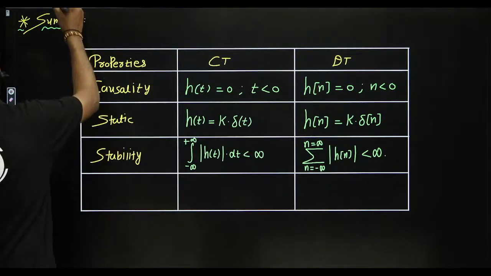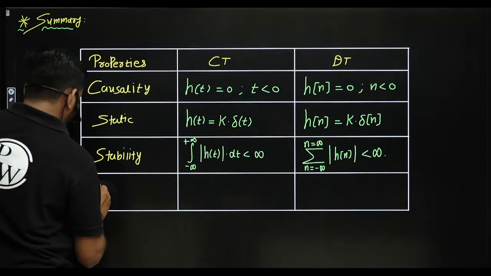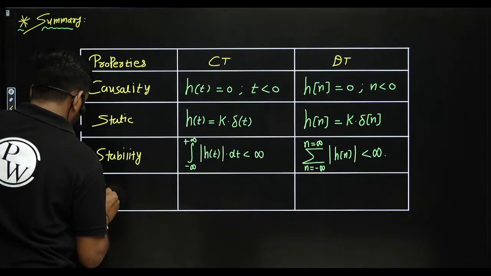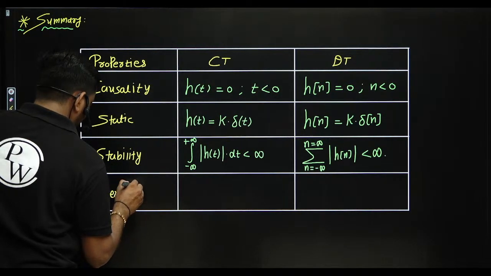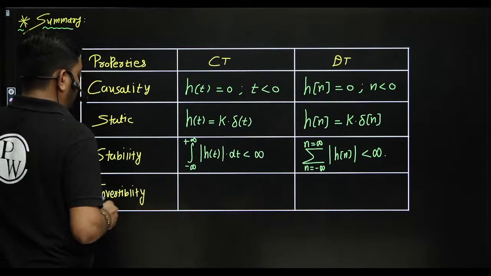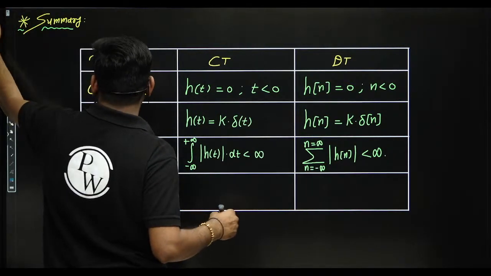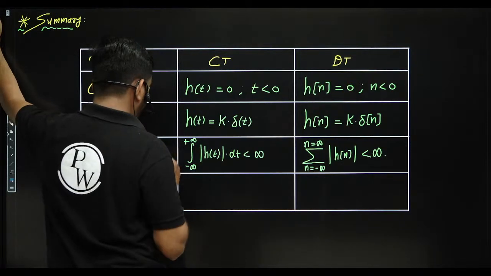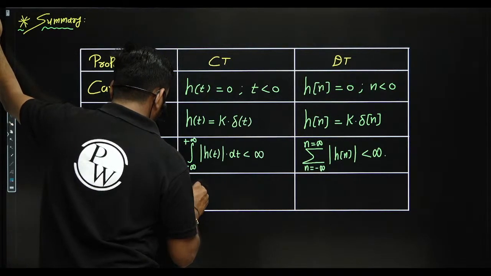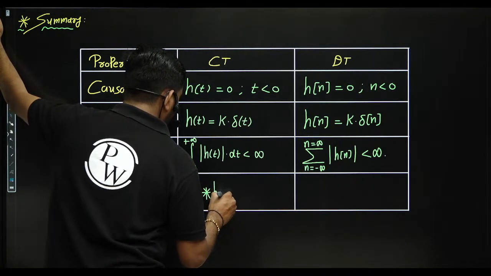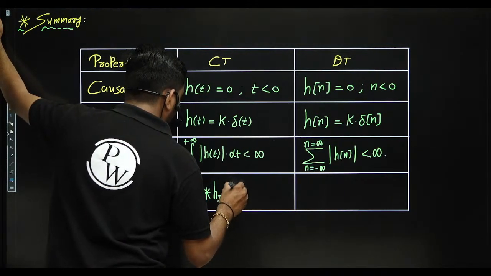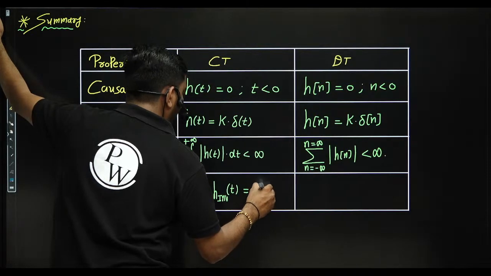Okay, and the last one is invertibility. An LTI system is said to be invertible only when the convolution of h of t with its inverse system impulse response is del t only.